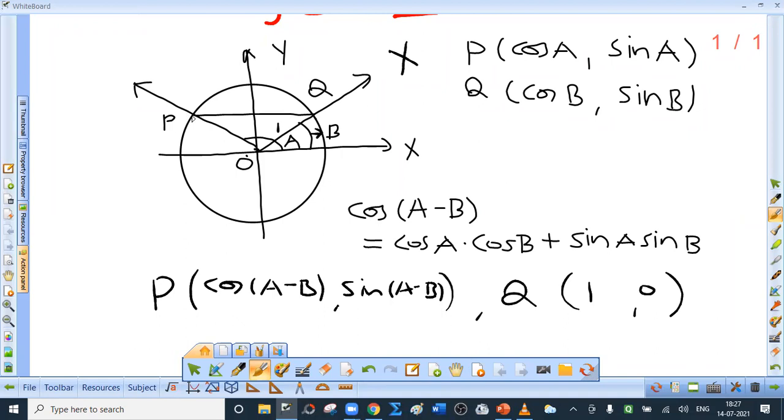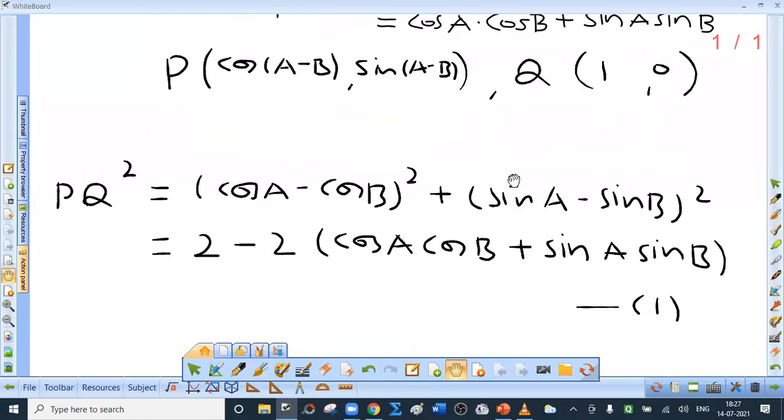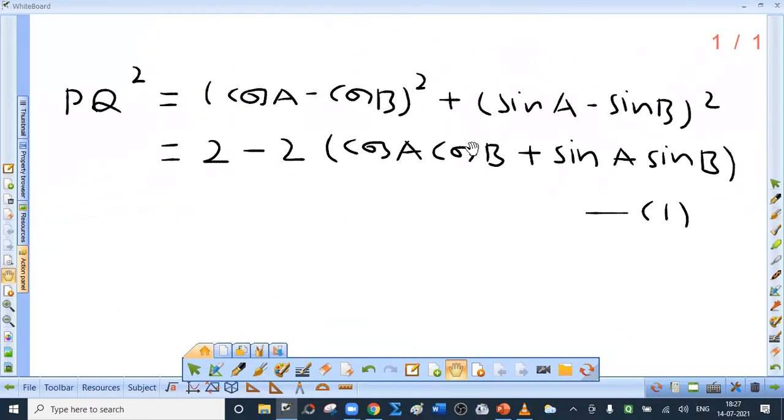Note that positions of P and Q are not changed, so the distance between them remains the same. And by distance formula, what is PQ square now? It is the same logic, x2 minus x1 square plus y2 minus y1 square.